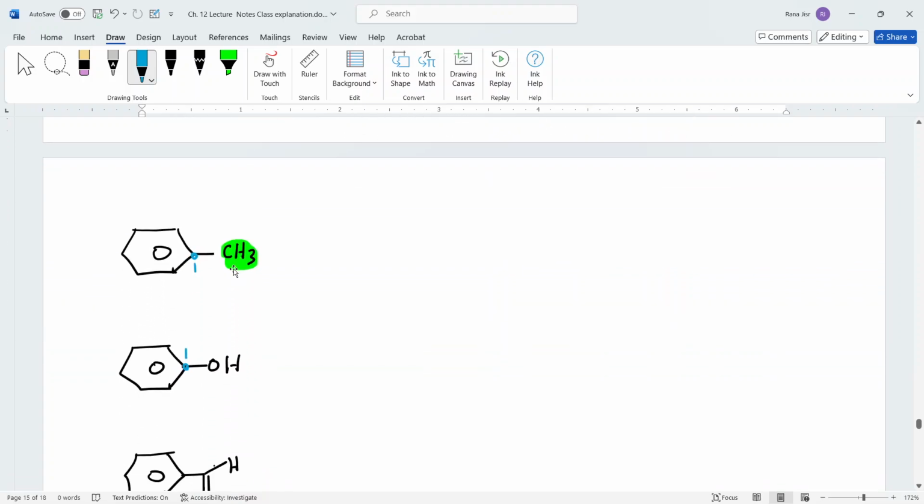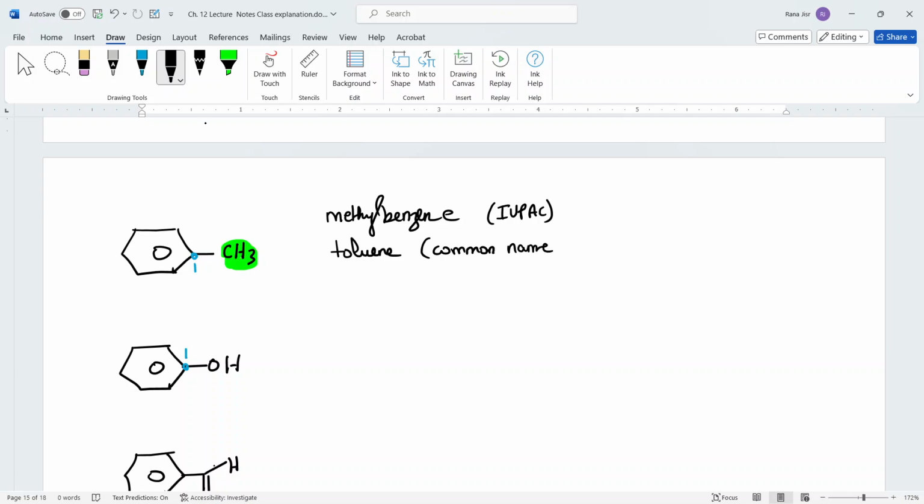Same thing for the CH3 here. It's a methyl. So I'm going to name this as methylbenzene. Methylbenzene is the IUPAC name, but we rarely go with methylbenzene. Instead of methylbenzene, we go with toluene. And toluene is the common name. Guys, whenever we're talking about common names, they have no rule.